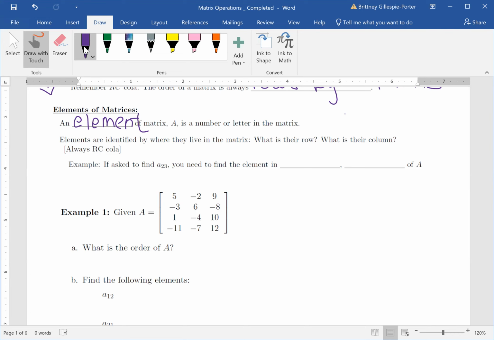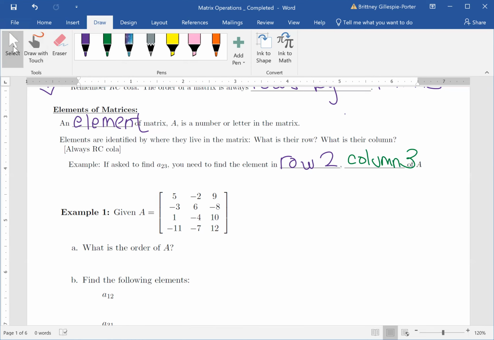And we make little numbers down below. So if you're asked to find A2,3, you need to find the element in row 2 and in column 3 of A.